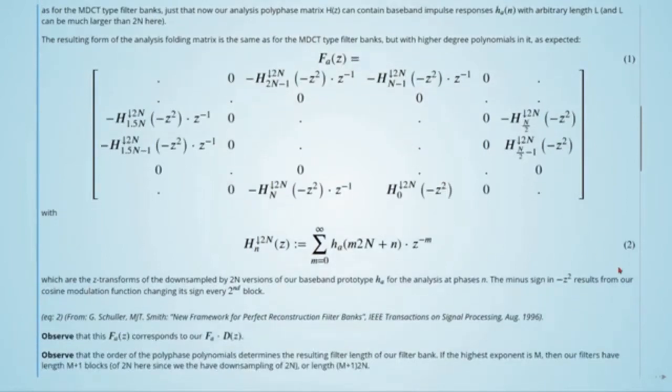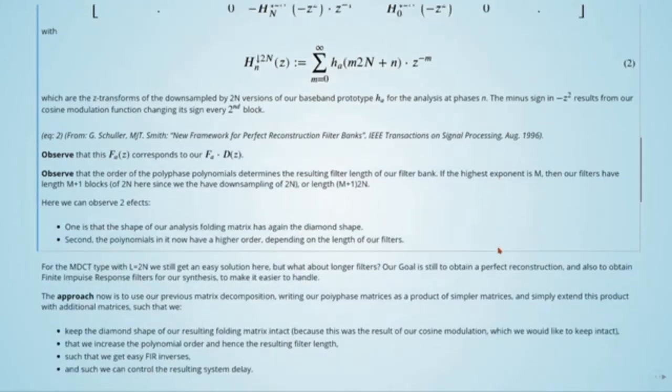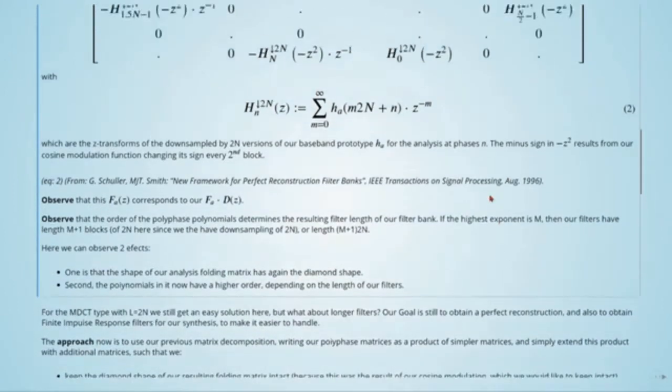These equations are from the IEEE Transactions on Signal Processing paper by Professor Schuller, a new framework for perfect reconstruction filter banks. So observe that this Fa(z) corresponds to our Fa times D(z).